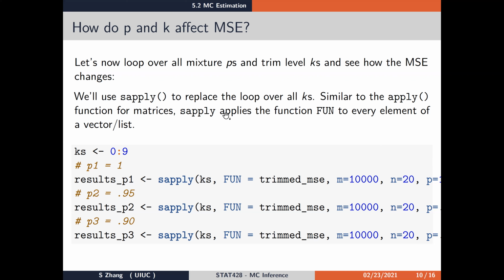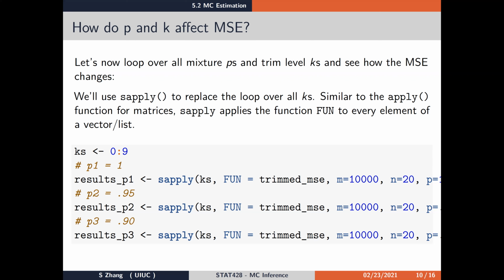The sapply function, which I believe stands for simplified apply, is similar to apply, except that it applies a function, the argument called FUN, to every element of a vector or a list instead of columns or rows of a matrix. So our possible values for k are 0 to 9: 0, 1, 2, 3, all the way up to 9. That's our trim levels. So that's a vector where we can use the sapply function.